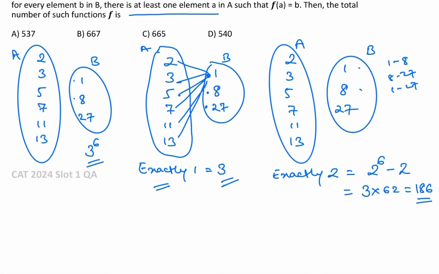Let's add the exactly 1 and exactly 2 functions. This will give me 186 plus 3, that is 189. Subtracting this from our total number of functions. 3 to the power 6 is nothing but 3 threes are 9, 9 cubed, which is 729, minus 189.